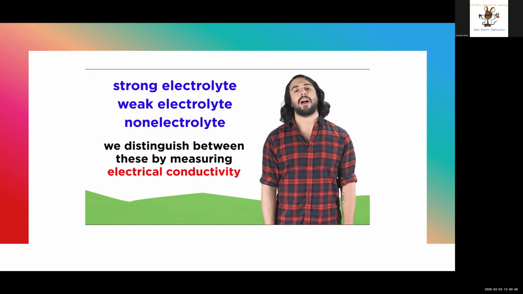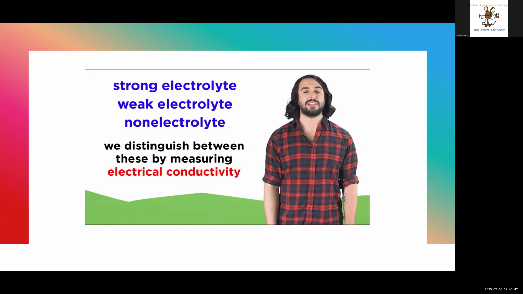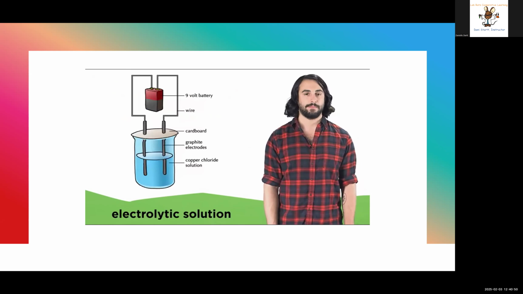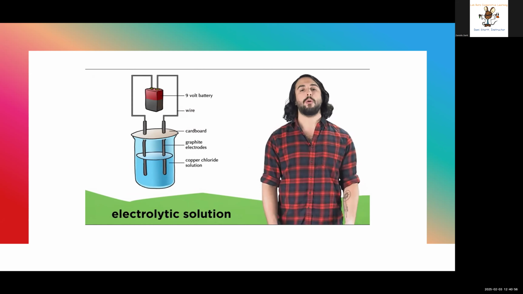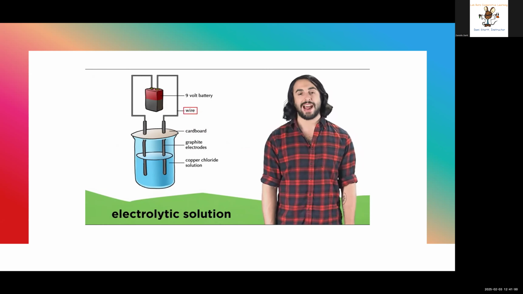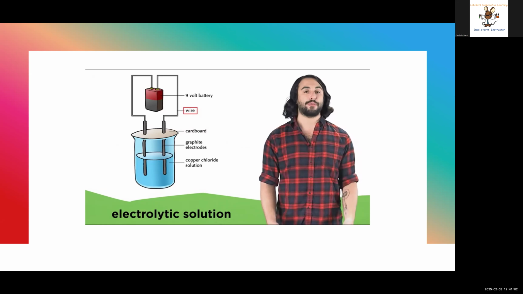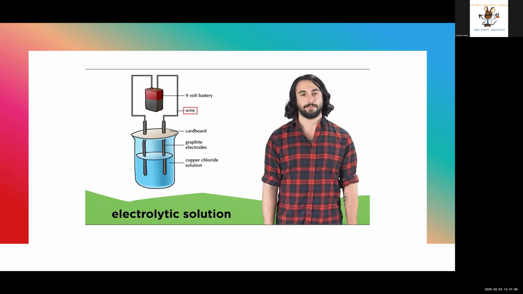We can categorize substances as being one of these three things by measuring the electrical conductance of their corresponding aqueous solutions. In order to conduct electricity, a substance must contain freely mobile charged species, such as the case with metallic wires, which allow for the free movement of electrons.